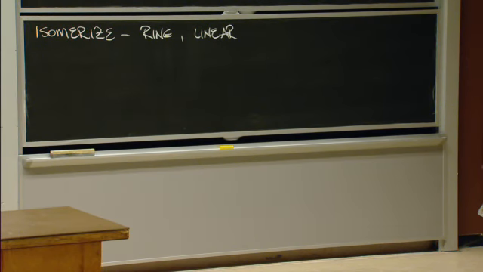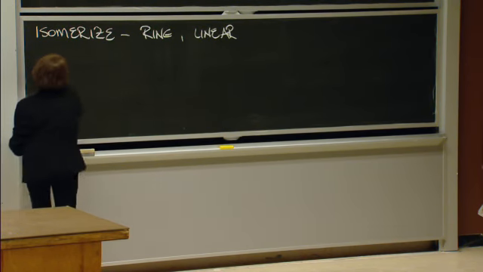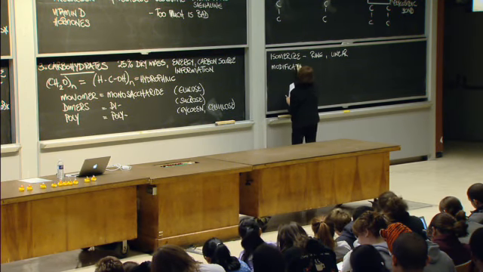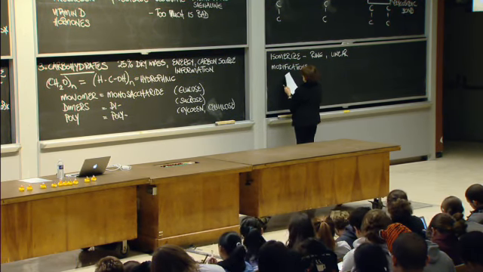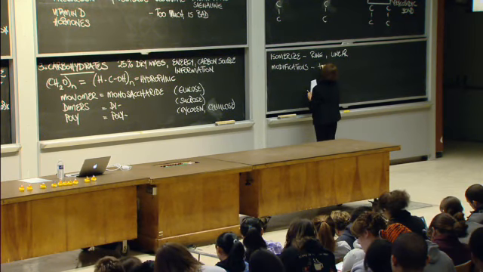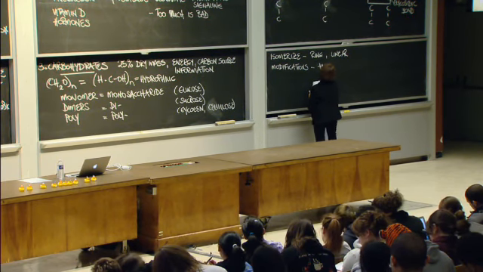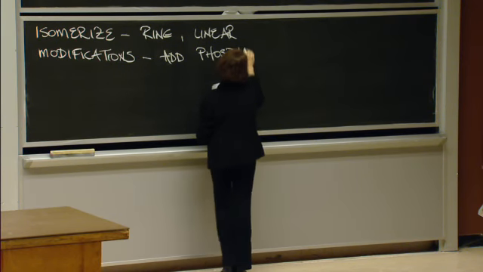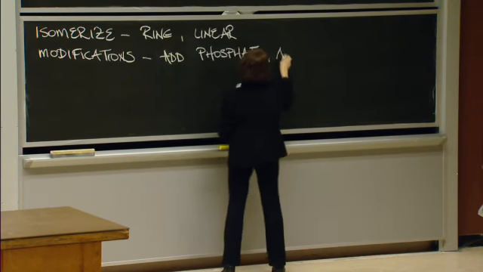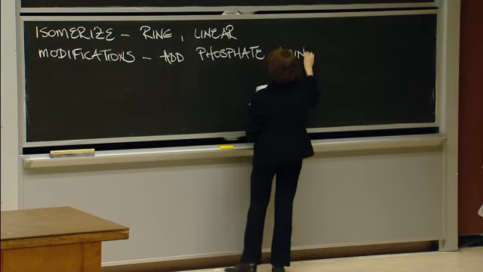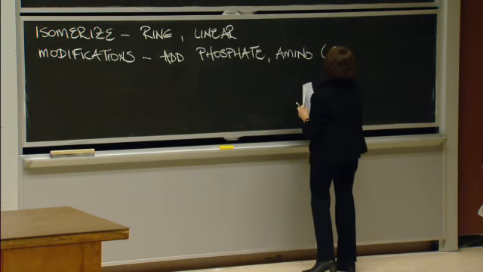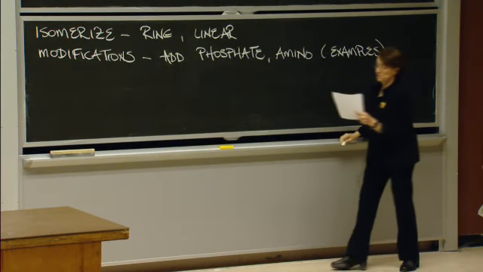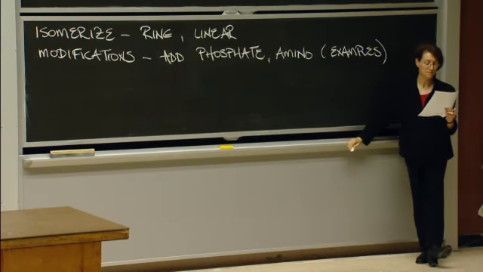They remain hydrophilic in general, but there are many modifications which are rather crucial to their function. They can get, for example, phosphate groups or amino groups. And this will change their particular properties.